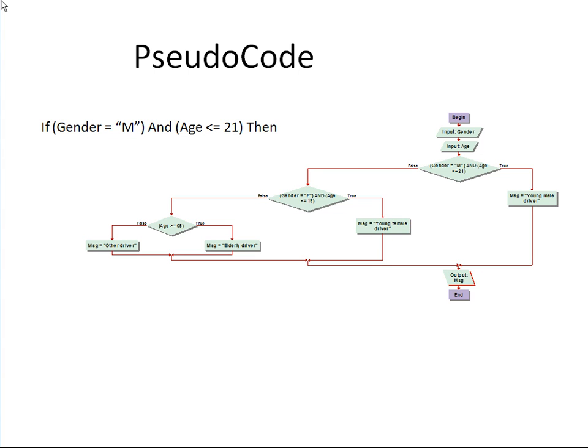Let's go on. Now, if we have this condition, we must do the item on the true side first. So message equal young male driver, but we have to indent it like so. Notice that it's to the right of the condition, so it's indented to the right. Following the line below that on down, we come to the end of the arrow, which says, oh, that's the end of the true side.